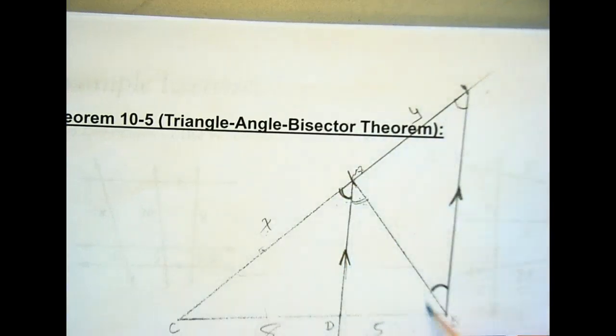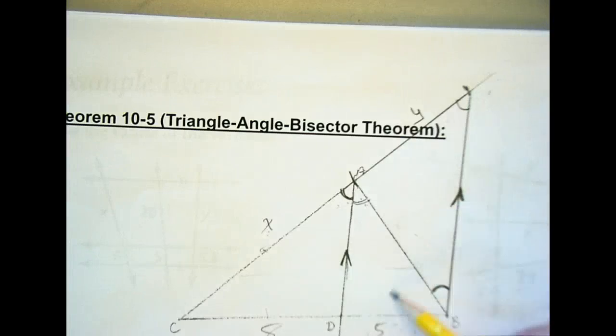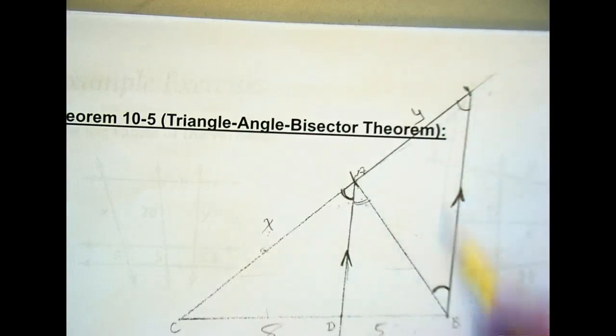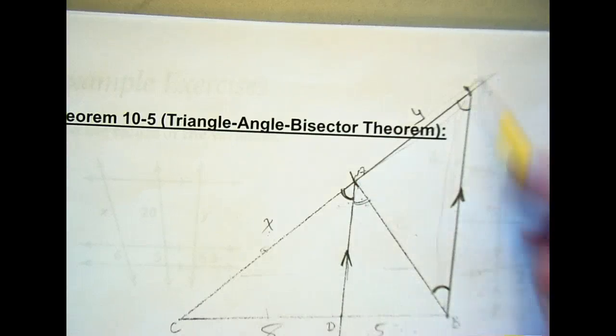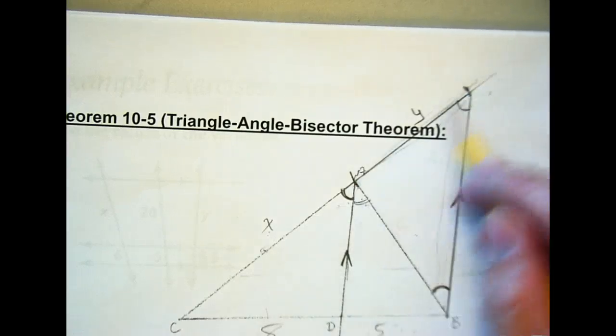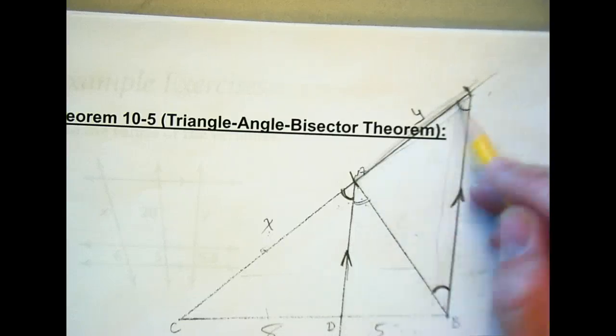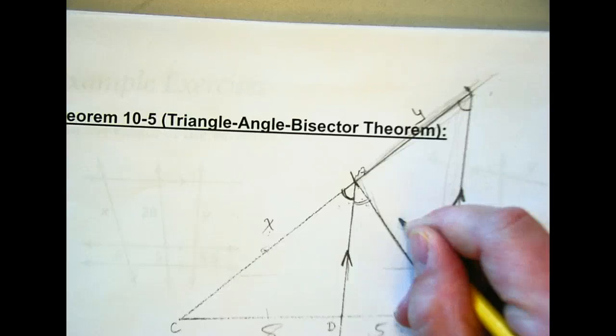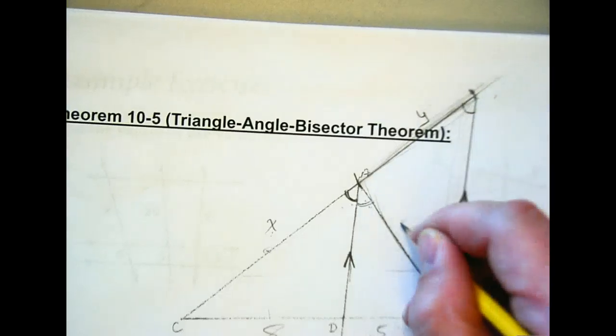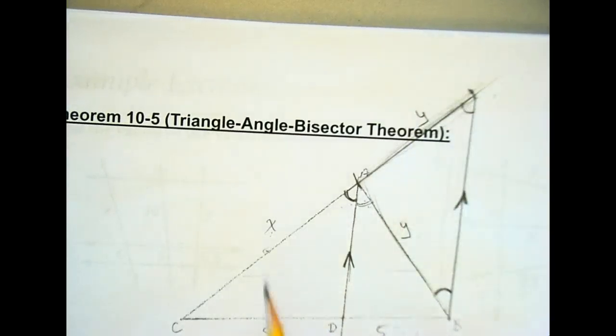So that means this triangle is an isosceles triangle. And sides in an isosceles triangle are congruent. So that would be the same thing as that. So that would be y. That's why that works. That's pretty cool.